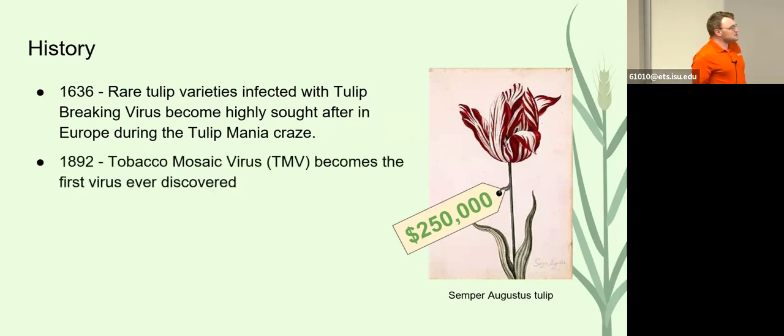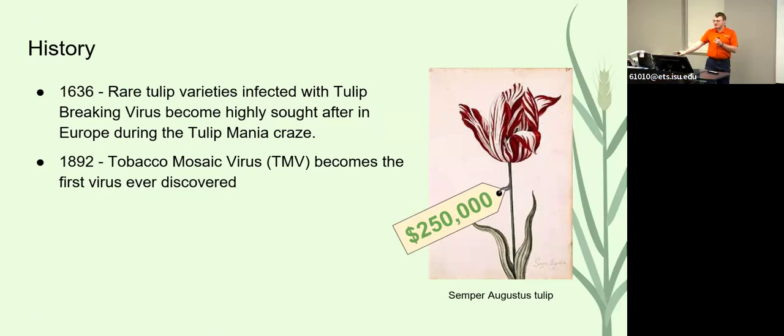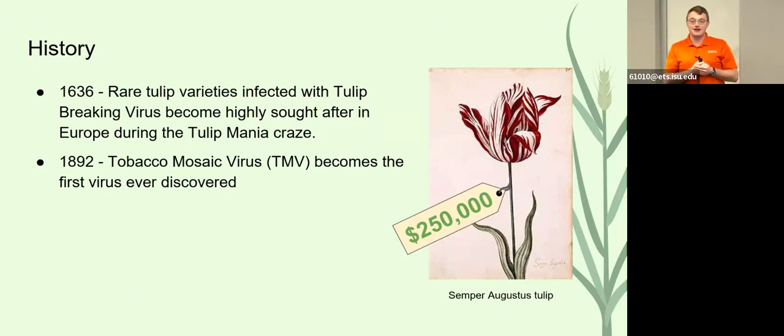In 1892, tobacco mosaic virus, which you're going to be seeing a lot today, became the first virus ever discovered. Now, this isn't just plant viruses. This is any virus. The first virus to be discovered was actually a plant virus. In fact, that's where the name virus comes from, because the gentleman who first discovered them pureed a tobacco plant that was sick and ran the liquid through a filter that was supposed to catch any bacteria, and then put that liquid onto another tobacco plant, and it got sick.